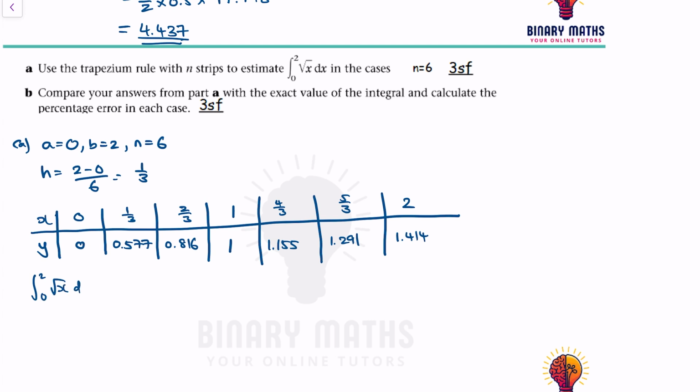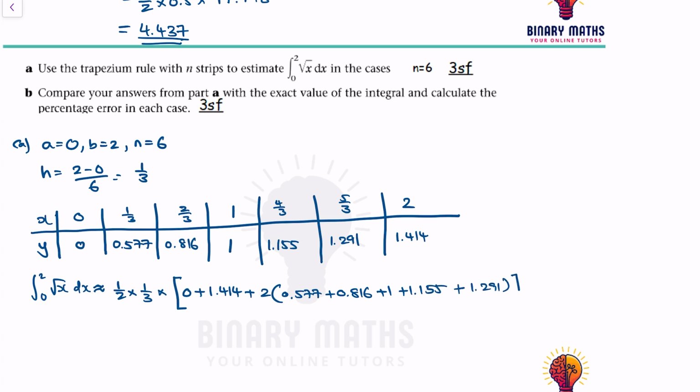Root x dx is approximately equal to half times my h, which is a third, times the first y value plus last y value plus 2 lots of everything in the middle. So 0.577 plus 0.816 plus 1 plus 1.155 plus 1.291.